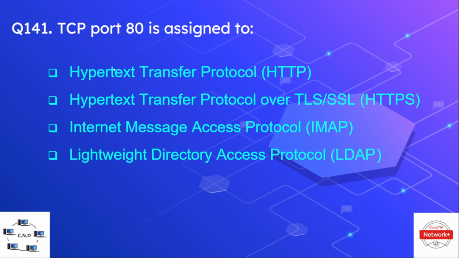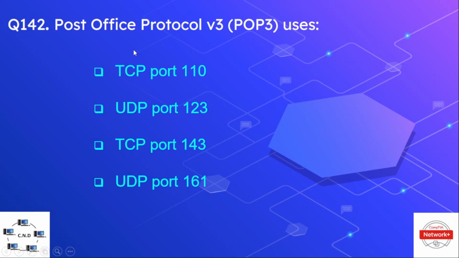Question number 141 is that TCP port 80 is assigned to, and the options are Hypertext Transfer Protocol, HTTP, HTTPS, IMAP or LDAP. So the port 80 is popularly used by HTTP or Hypertext Transfer Protocol.